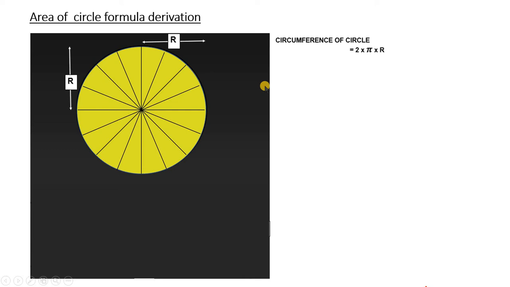Just by drawing several diameters, I have divided the area of the circle into 12 congruent sectors. Congruent means they have the same shape and size. Therefore, the area of the sectors will be equal.